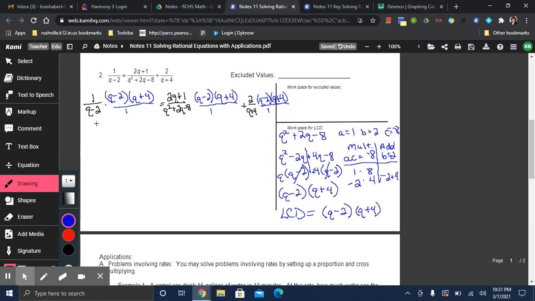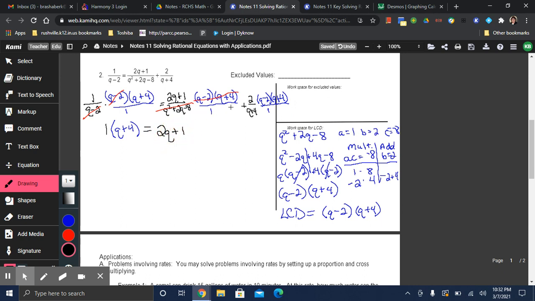All right, so now we begin the canceling process. q minus 2 cancels, and we'll have 1 that will distribute to q plus 4. Then we have our equal sign. We discovered that q squared plus 2q minus 8 is equivalent to q minus 2 and q plus 4, so this all cancels, and you only have the numerator of 2q plus 1.